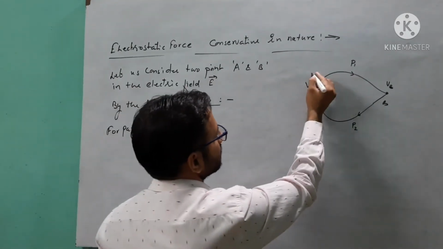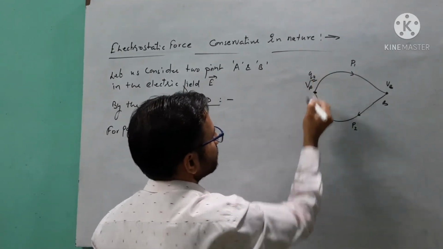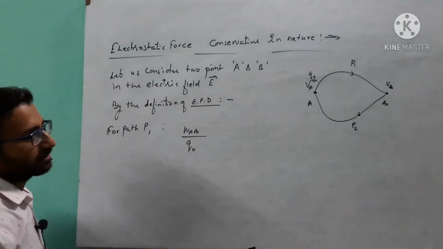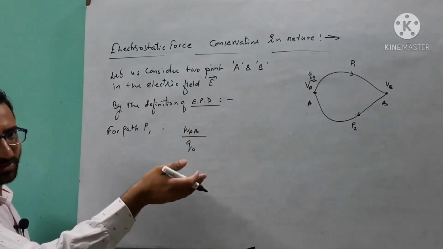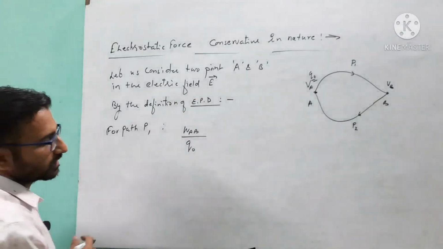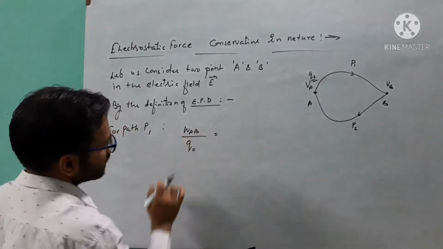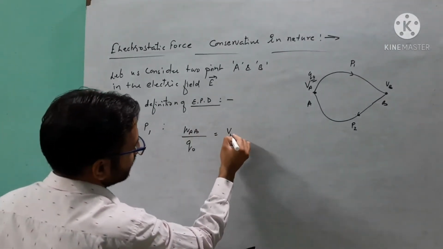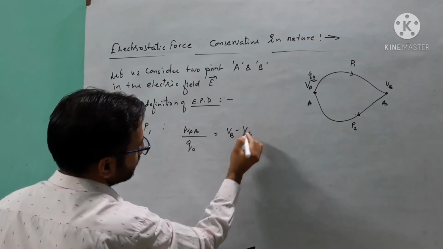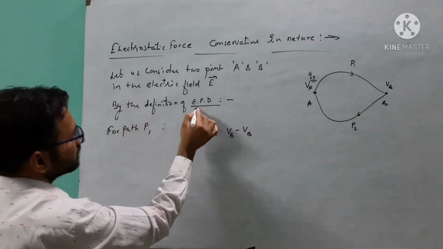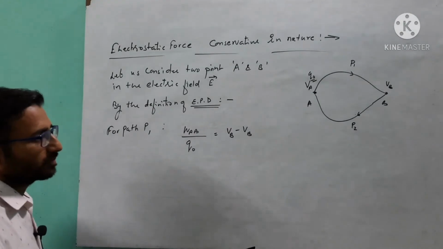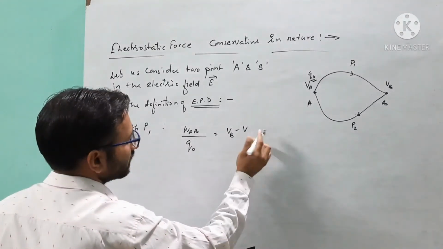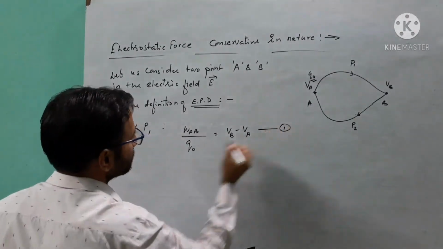Q naught is the unit test positive charge which we are carrying from point A to B in the first case, then from B to A in the second case. So if we are carrying the charge from point A to B, the electrostatic potential difference will be VB minus VA. This is our equation 1.